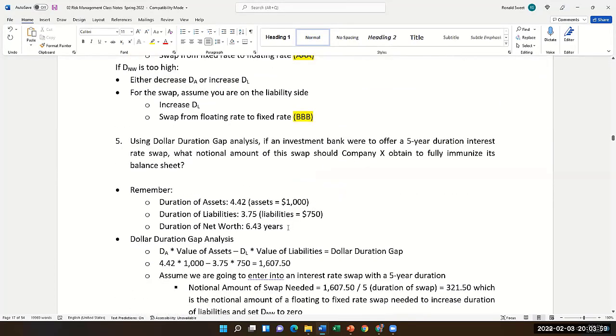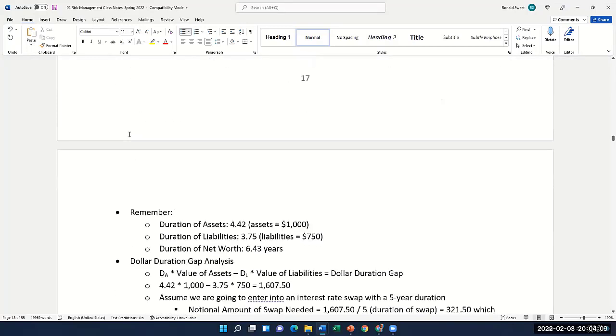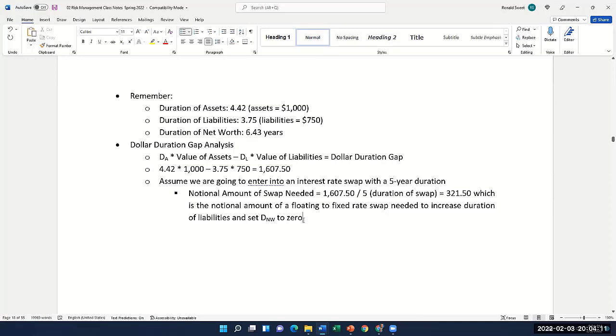So here's where we did the previous problem. So let me give you the information, the duration of assets.